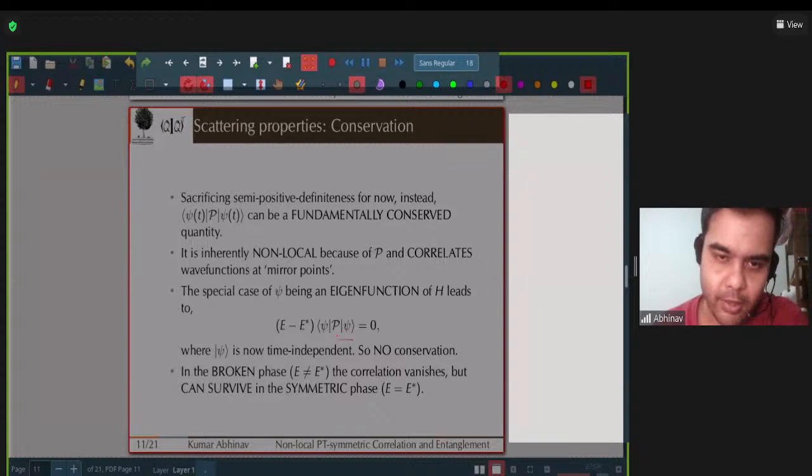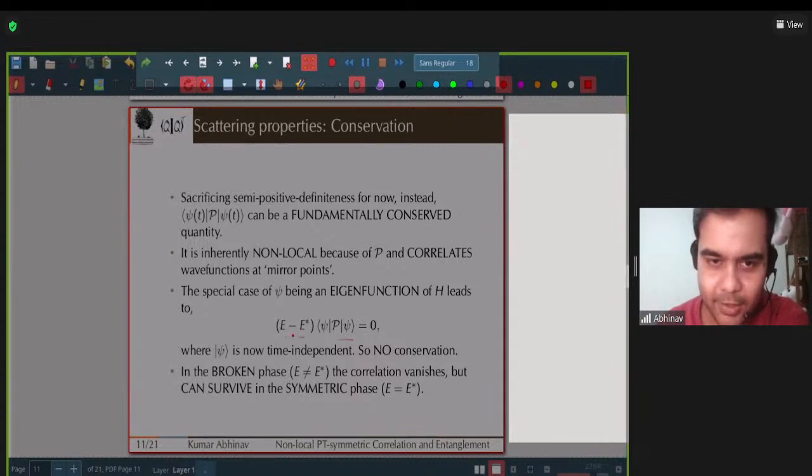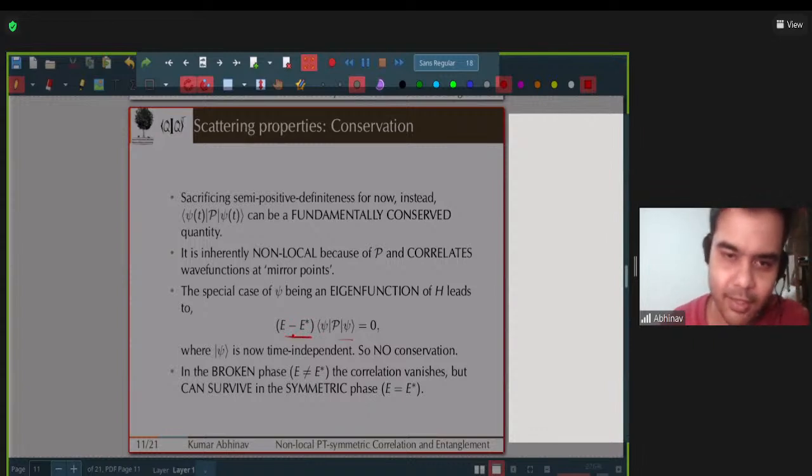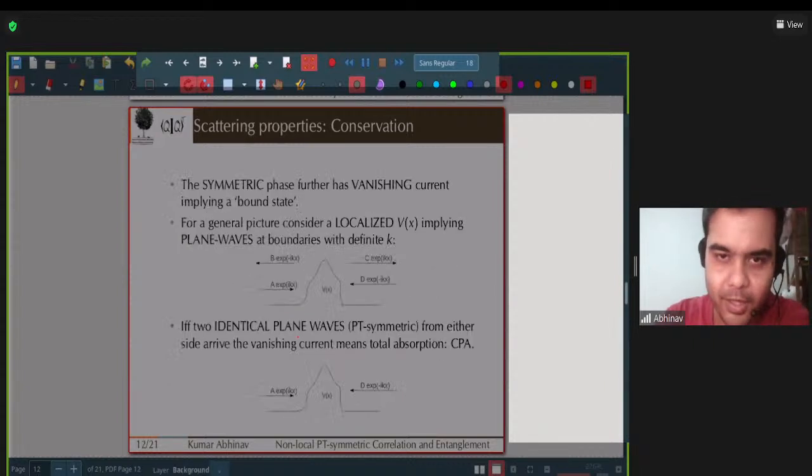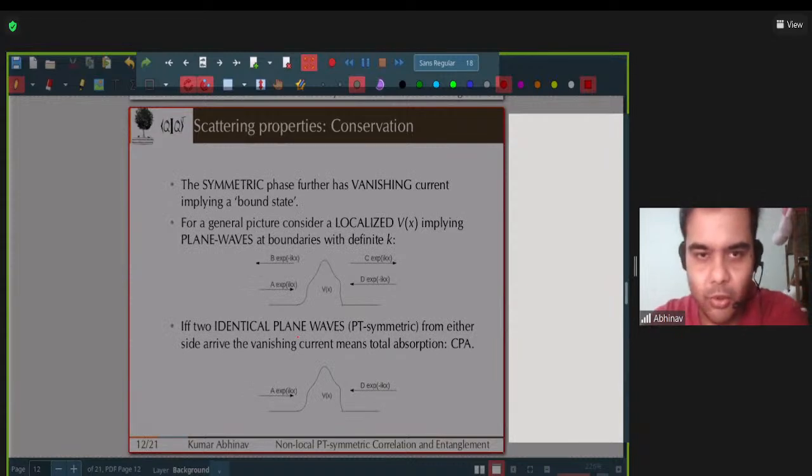But when the energy is complex, then obviously this scalar product should vanish. So in the PT symmetric phase this scalar product is interesting, but it is not conserved in a sense, because there is no time derivative. It is like the absolute value of the scalar product. What is happening is that the time derivative for eigenstates brings out E minus E star.